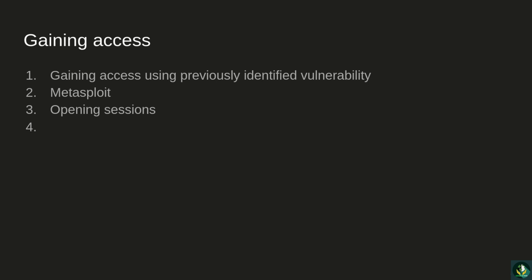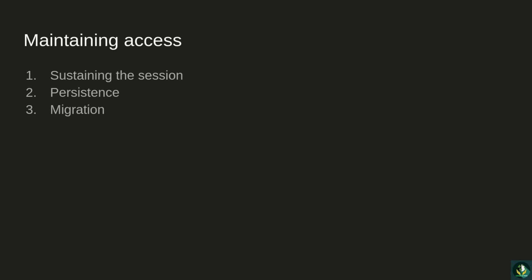For example, if it's Android, we can send messages, we can call, we can get all the messages and all the contacts, and things like these. After we get the access, then we need to maintain the access.